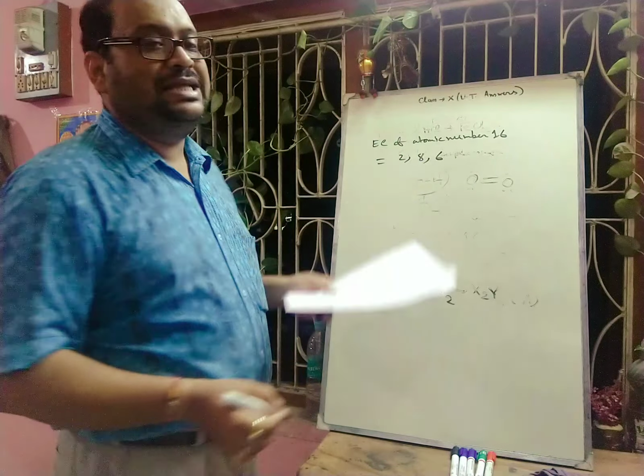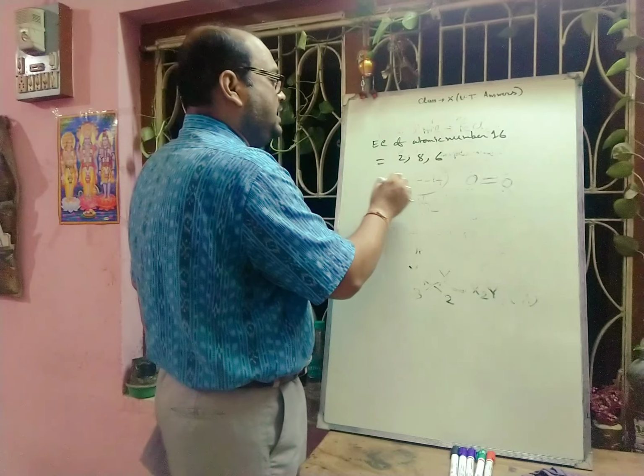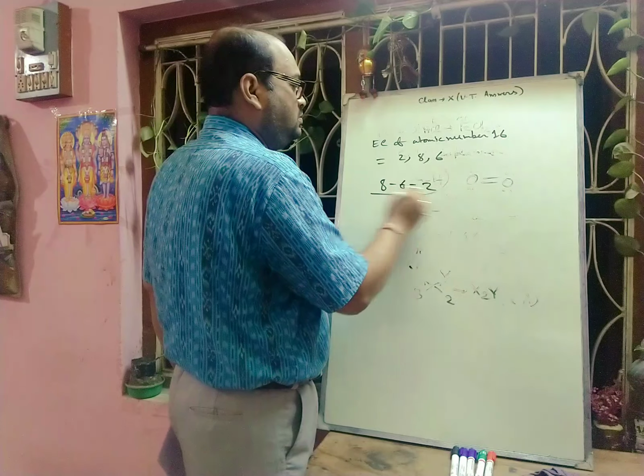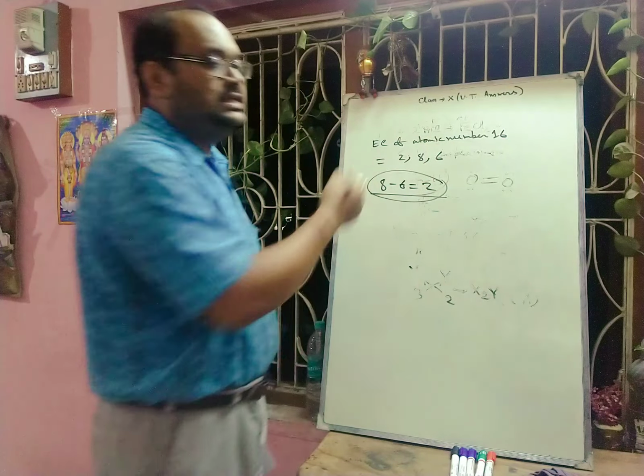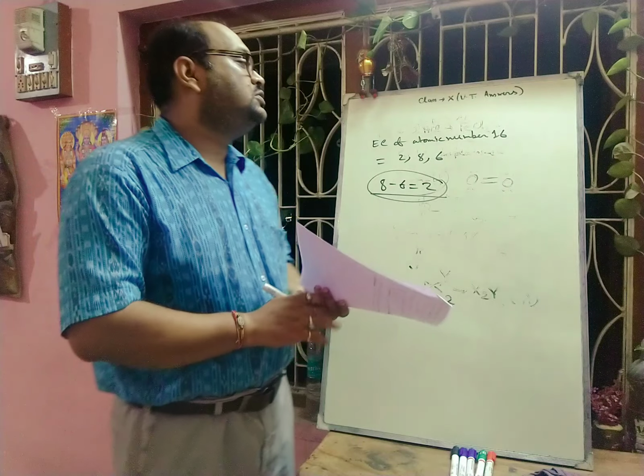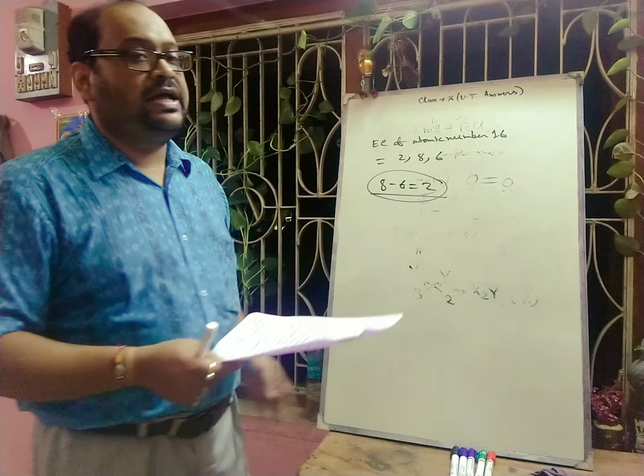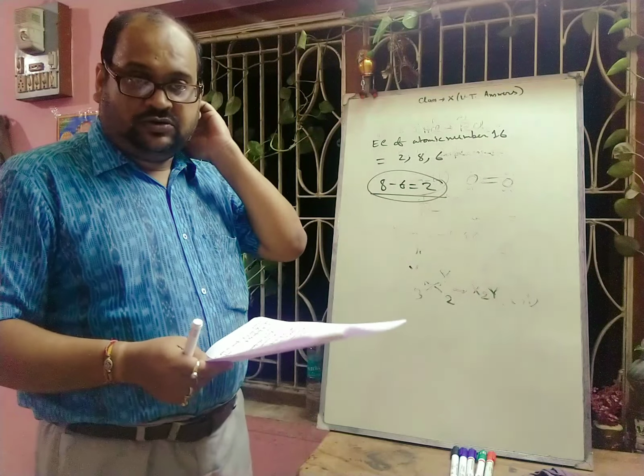So what will be the valency? Valency will be 8 minus 6, that will be 2. This is one valency, and in this case there is d orbital, so this element may also have valency 4 and 6, that is 2, 4, 6.